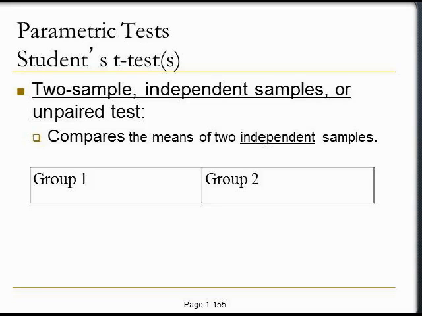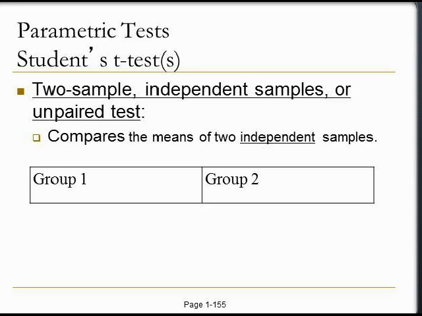The second type of t-test is a two-sample, often referred to in one of 3 vernaculars: a two-sample t-test, an independent samples t-test, or an unpaired t-test. They all mean the same thing. 2 sample, independent samples, or unpaired.